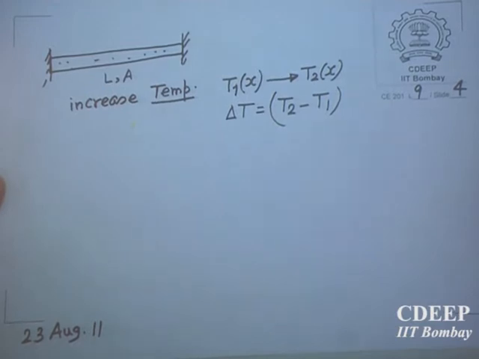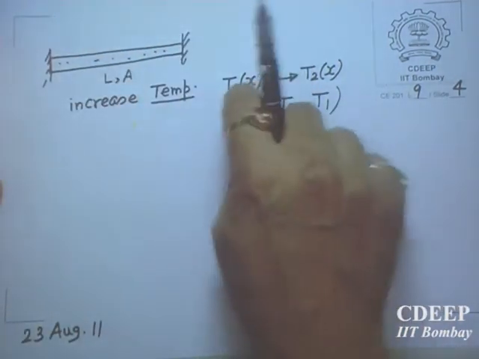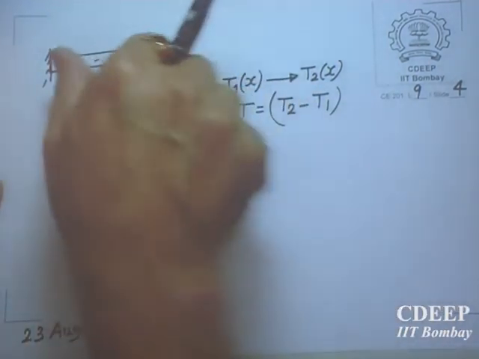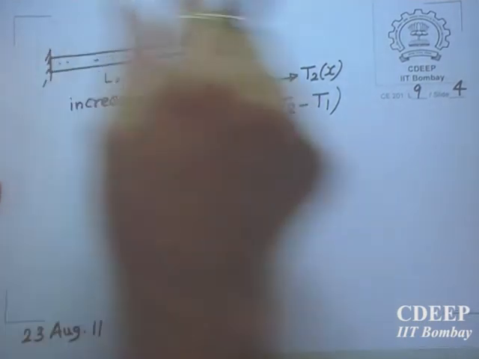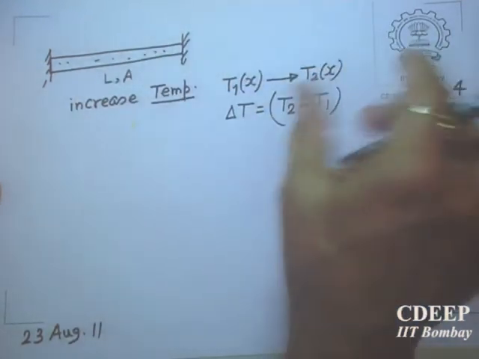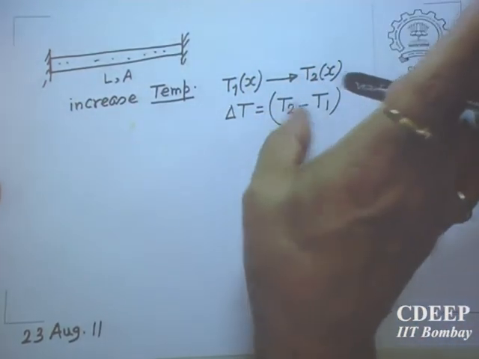No, it is not that. Originally all the points of this rod had temperature T1. Now I have raised the temperature of the entire rod to T2. So every particle has undergone a change in temperature of delta T.